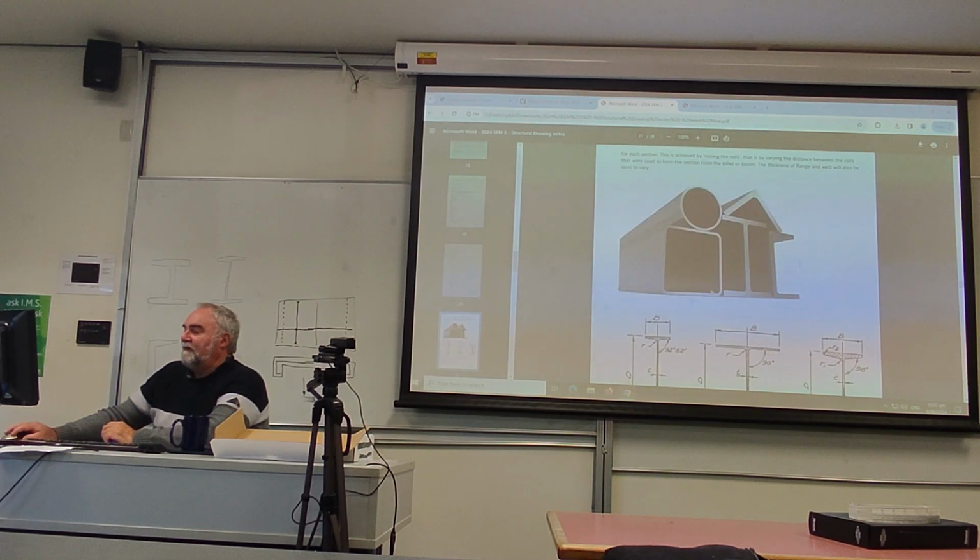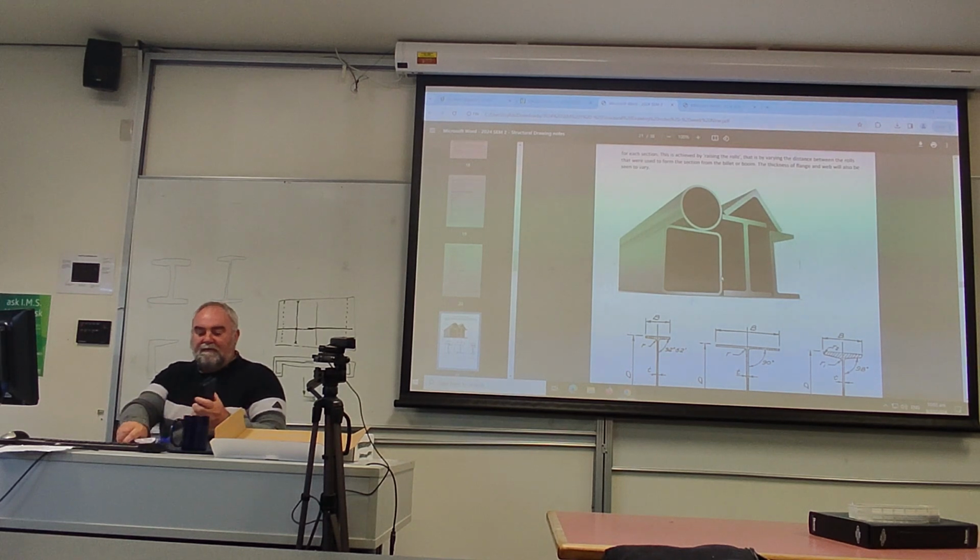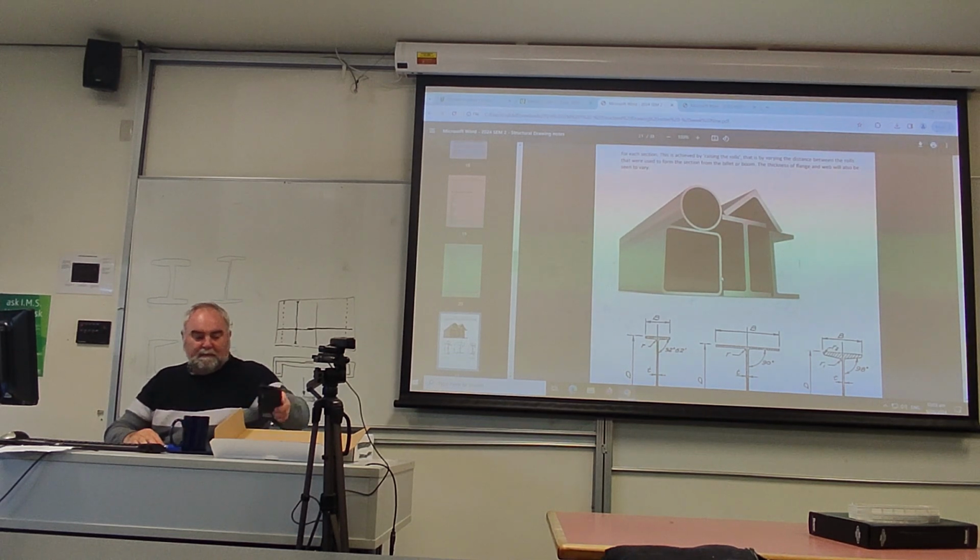In addition to these, there's plates, and an angle is simply a bit like an L. But of course it continues on. So if I had two cell phones, it would be a bit like two cell phones joined together. And that angle is what you'll have to get your head around for the assignment.